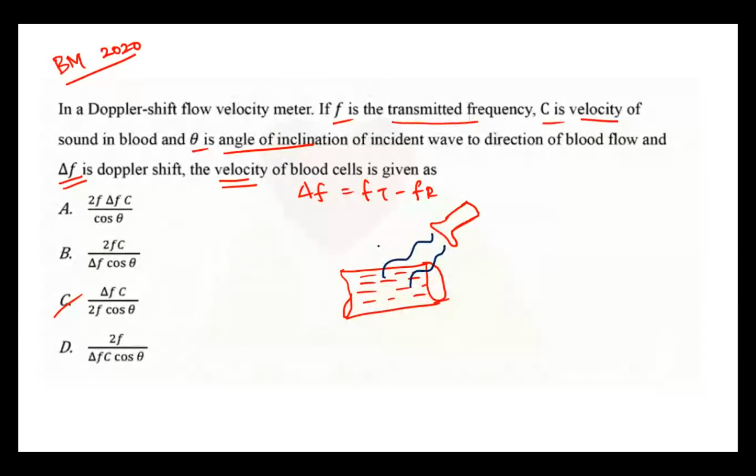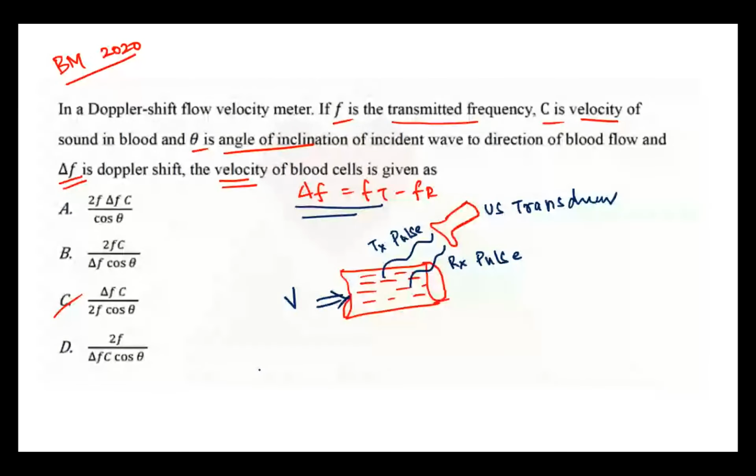So this is the transmitted signal, the transmitted pulse. This is the receiving pulse. And this is the ultrasound transducer. And the blood is flowing at velocity v. They ask you to find the Doppler shift. If we know the Doppler shift, we can calculate velocity. So by having this formula, we can find this.